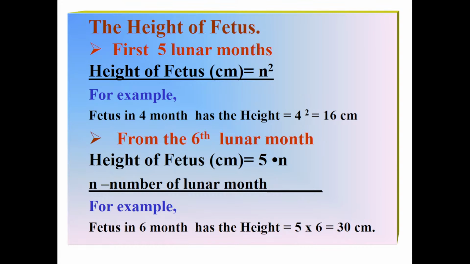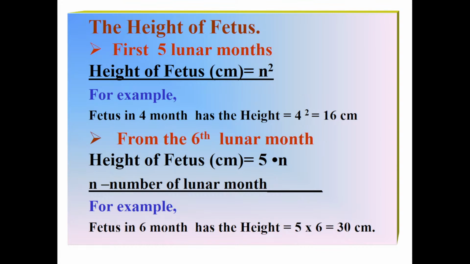The height of the fetus, in the first 5 lunar months, has this formula, where n is the number of months, lunar months of 28 days.